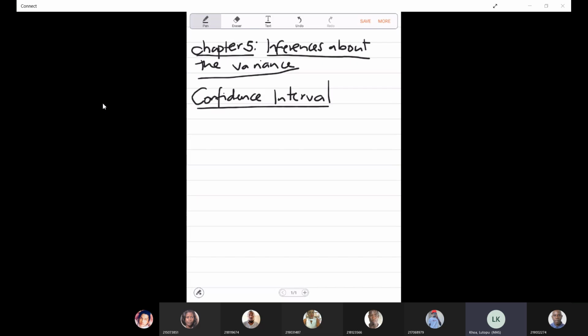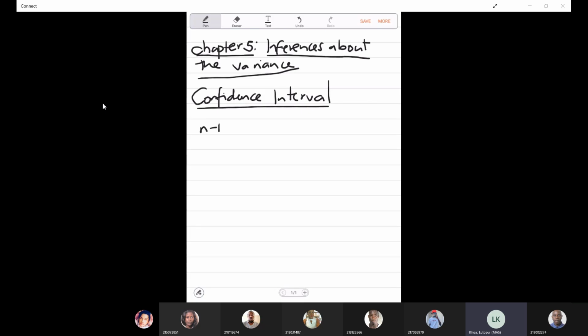Now, if you want to work out a confidence interval for your population variance, you use this formula, just like with the mean and the proportion. We had a formula that we used to calculate the confidence interval. Here we do the same thing, and our formula is like this.